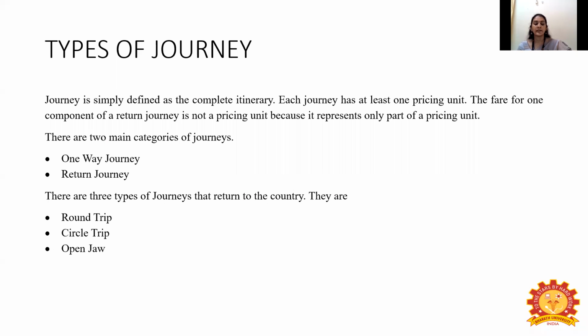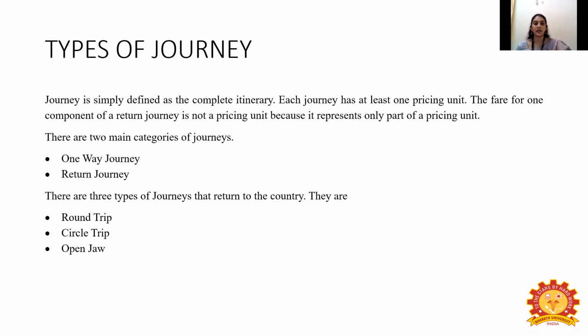And then the next one, the last topic for this module, is the types of journey. Now we know the influencing factors. From area 1 to area 2, you are traveling and all that. When we are traveling, how do we classify the journeys? That is called types of journey. Journey in the sense that we travel to one place and come back, or from there you go to another place.